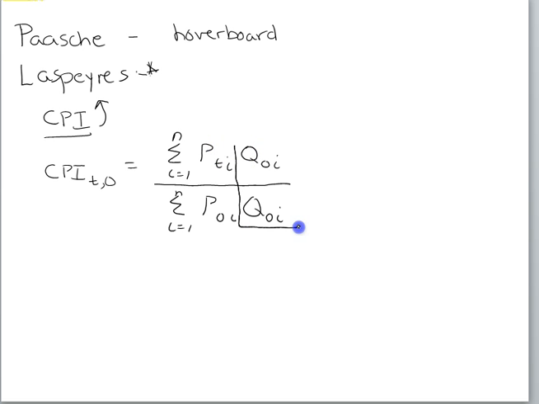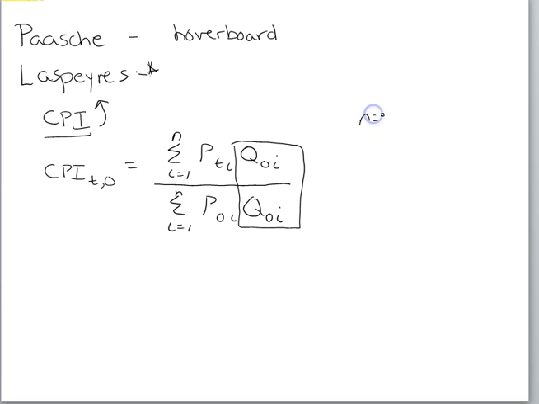So what we really have here is yesterday's, or the base period, quantities, and there could be a lot of them, i equals 1 to n, and comparing the price of those quantities today compared to the price of those quantities yesterday. Now what does this i equals 1 to n mean?